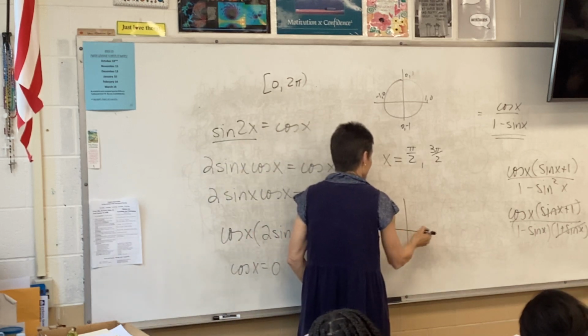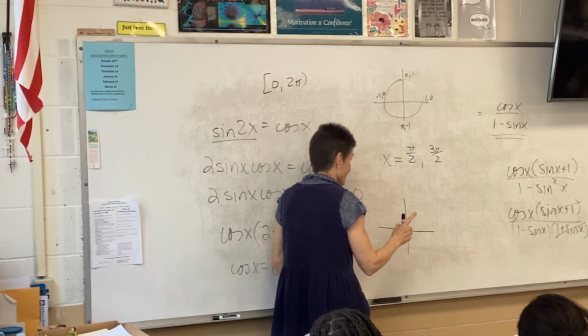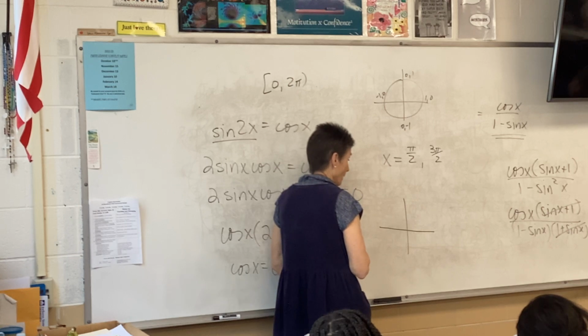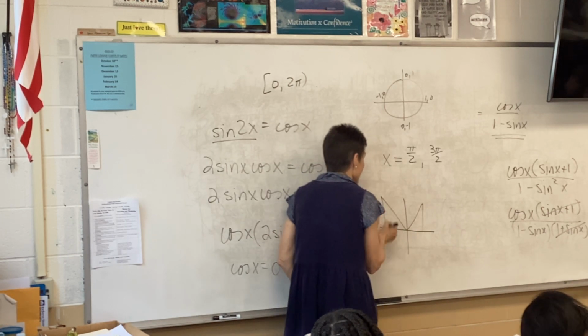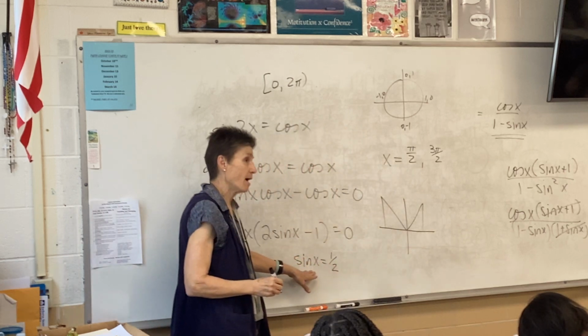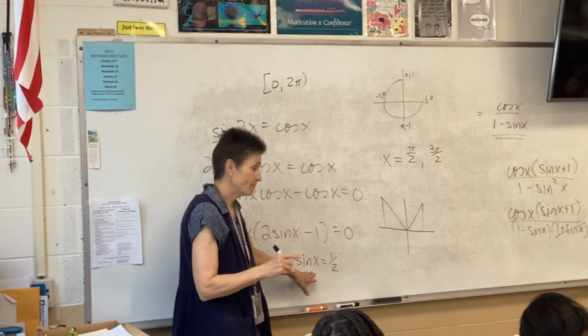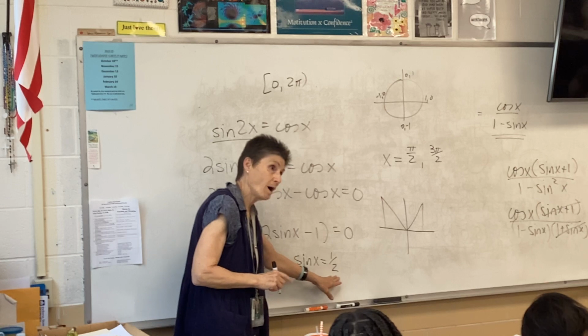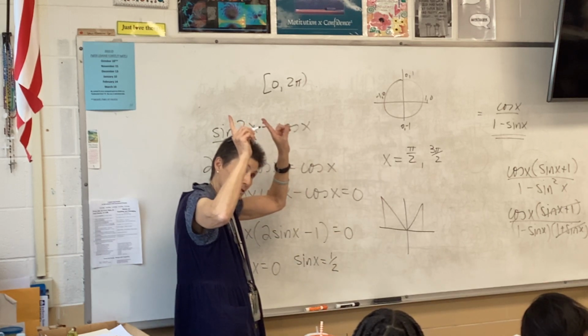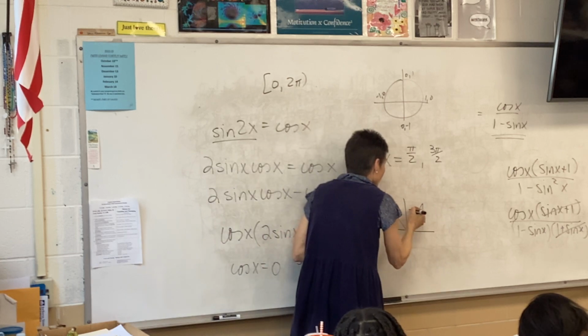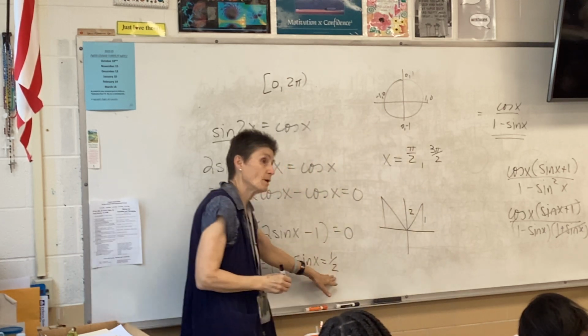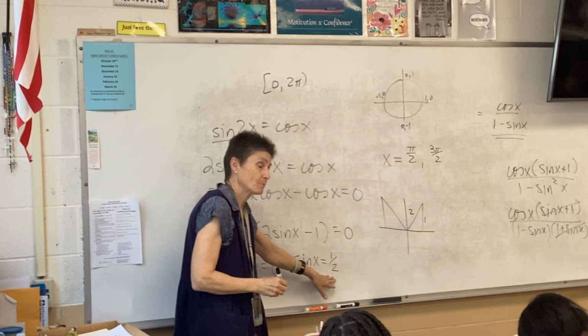Well, start with which quadrants is the sine a positive 1/2? 1 and 2, because sine is y, positive y's are up here. Opposite over hypotenuse, 1/2.